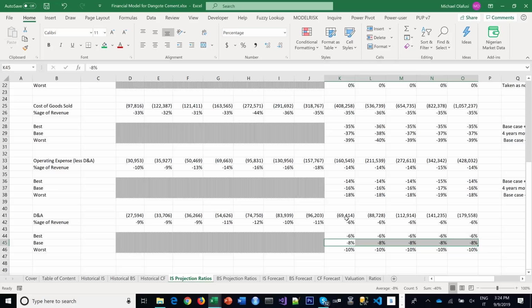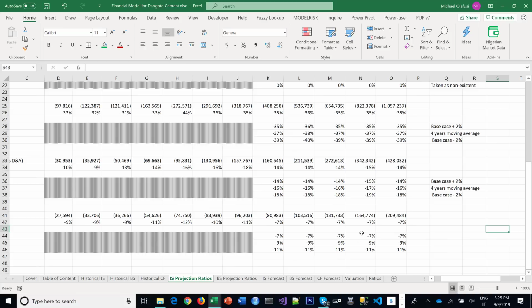This is crazy small. Let's say 9%. Yeah, maybe this is reasonable enough. And then I again specify what I have done.